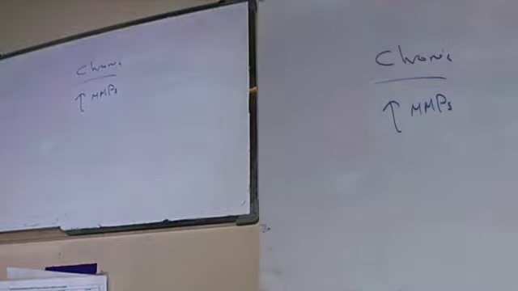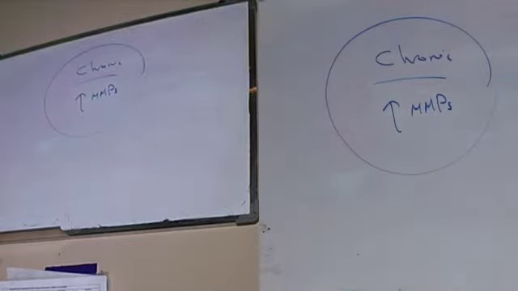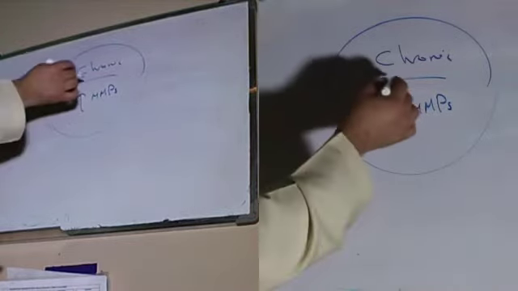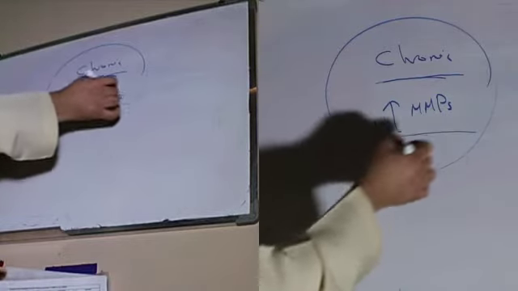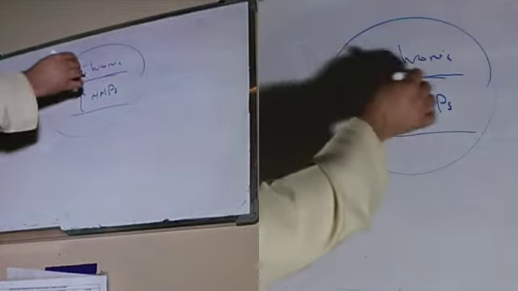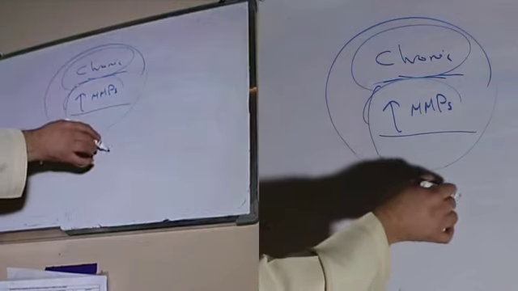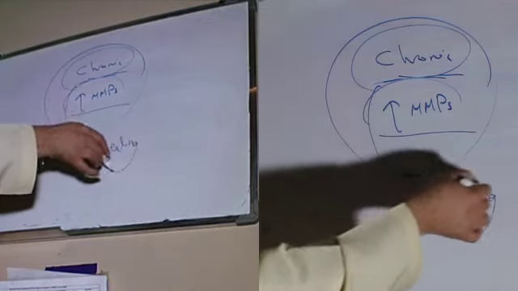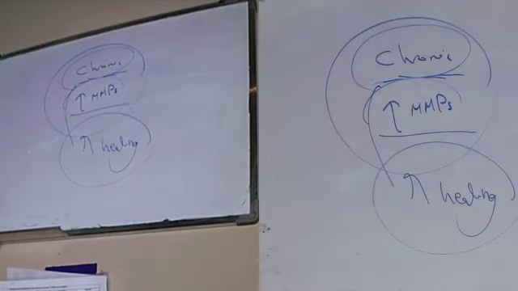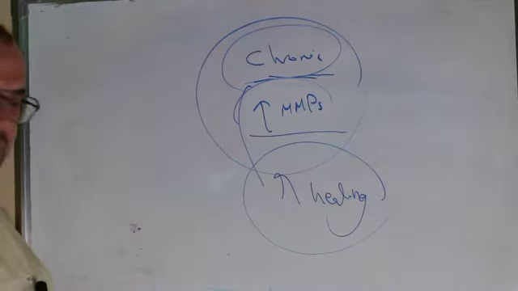Okay, remember this: an increased amount of MMPs is an example of chronicity in wound care, and there are several characteristics related to chronic wounds that will lead to a long healing time. So the management is also affected by the way that we perceive the physiological changes that happen in the wound.